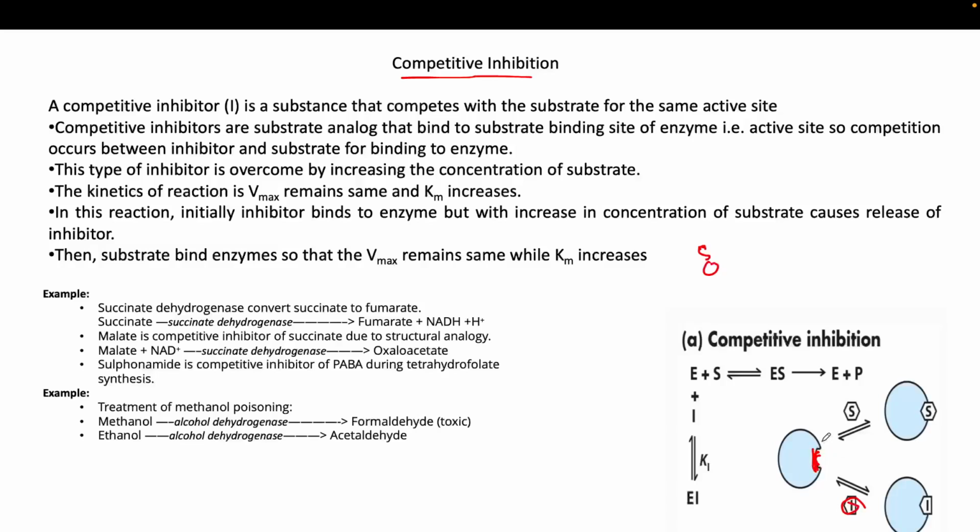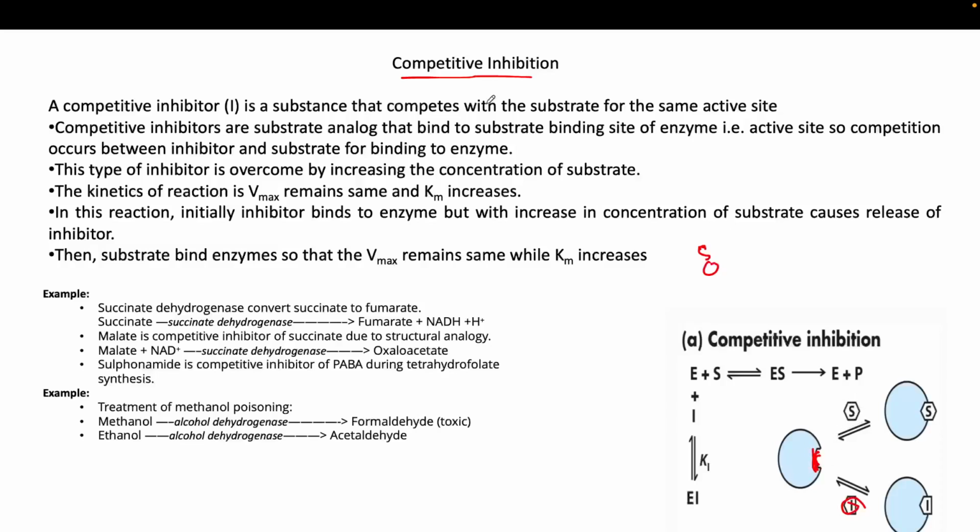We know that every enzyme follows the lock and key concept. Every enzyme has a specific site for its substrate, right? So if the inhibitor is competitive, it should be accommodated in the active site of the enzyme, and for that it should resemble the substrate of this particular enzyme.